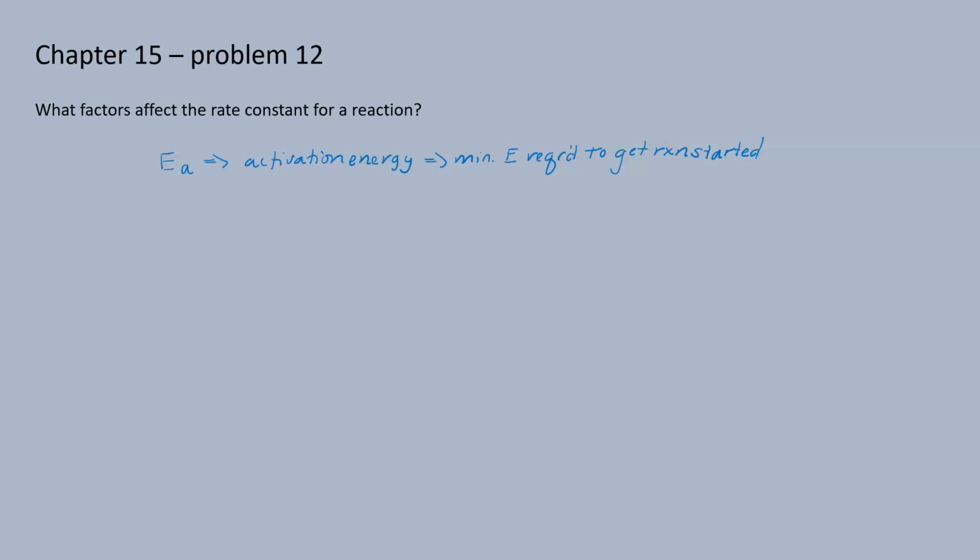So just because molecules collide doesn't automatically mean they're going to react. They have to collide with that minimum energy in order to get the reaction started. How can we change that?